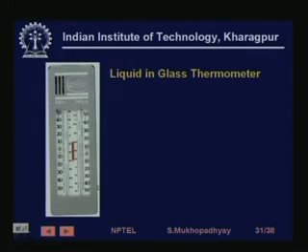shown in a sort of industrial casing. So, liquid in glass thermometers have very precise markings available, and there are immersion points marked. You have various kinds: the total immersion type, and the partial immersion type. You mostly use mercury, sometimes ethyl alcohol, etc., which have much higher expansion coefficient, so you get better sensitivity.